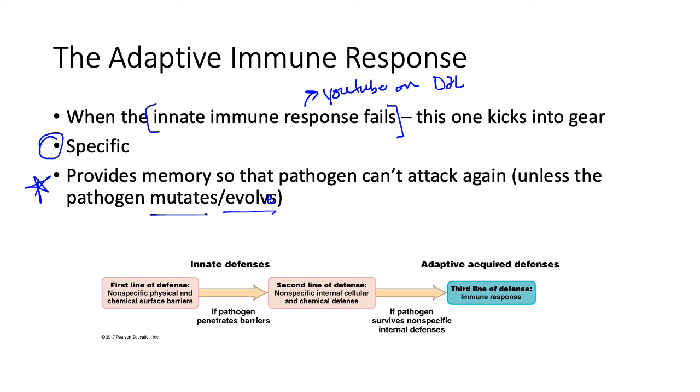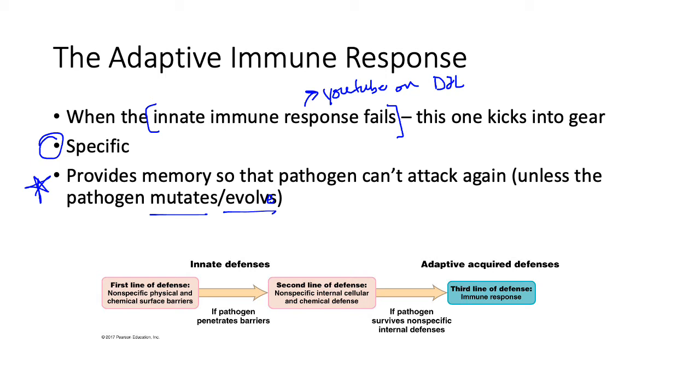And in that case, if the pathogen is different enough, when our body sees that new mutated version of the pathogen, it will need to mount another immune response. It won't recognize it as having seen it before. This is partly why we have to get a new flu shot every year, because the flu virus literally evolves very quickly.